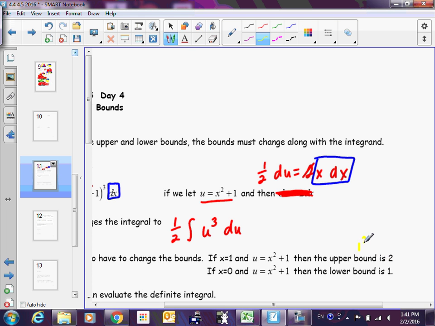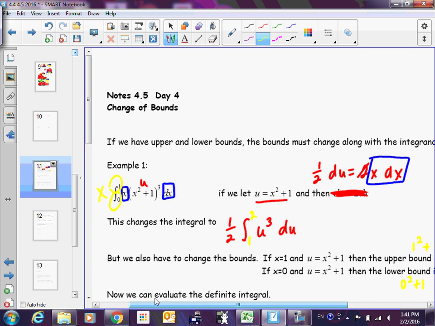Think of it like this: 1 squared plus 1. All right, and these are now going to be the u values. If x equals 0, what's 0 squared plus 1? 1. So those are going to be my 2 new bounds. In terms of u, my bounds are 1 and 2. That's the difference. Okay, that's the only new thing today.